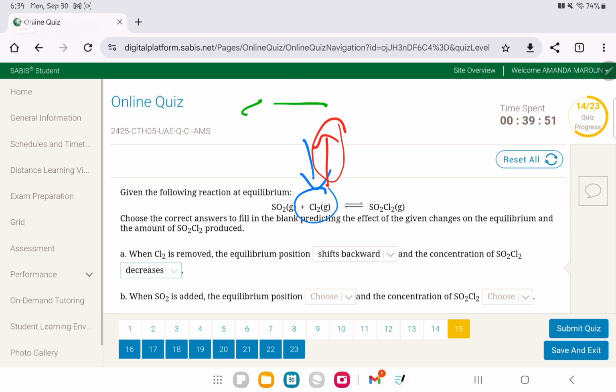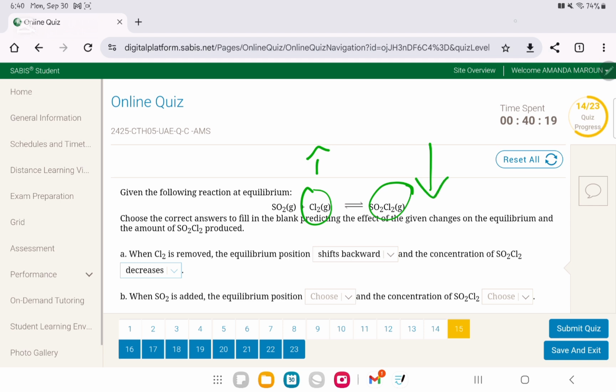So the equilibrium position is backward. And so now, since the concentration of Cl2 increased instead of decreasing, we go to the other side of the reaction, which is the product SO2Cl2. It will then do the decreasing for the Cl2.